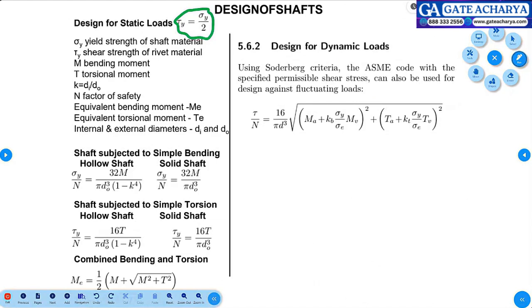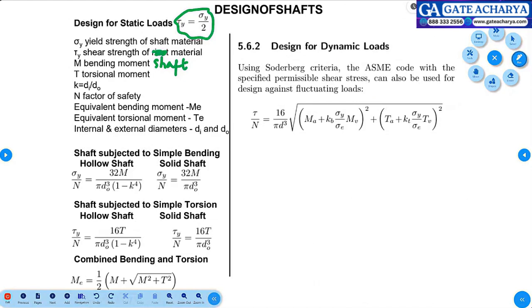Tau y means shear strength of the, sorry, this is not rivet, this is shaft. M means bending moment. T means torsional moment. K is equal to di by d naught. n means factor of safety. Me means equivalent bending moment. Te means equivalent torsional moment. Internal diameter di, external diameter d naught.